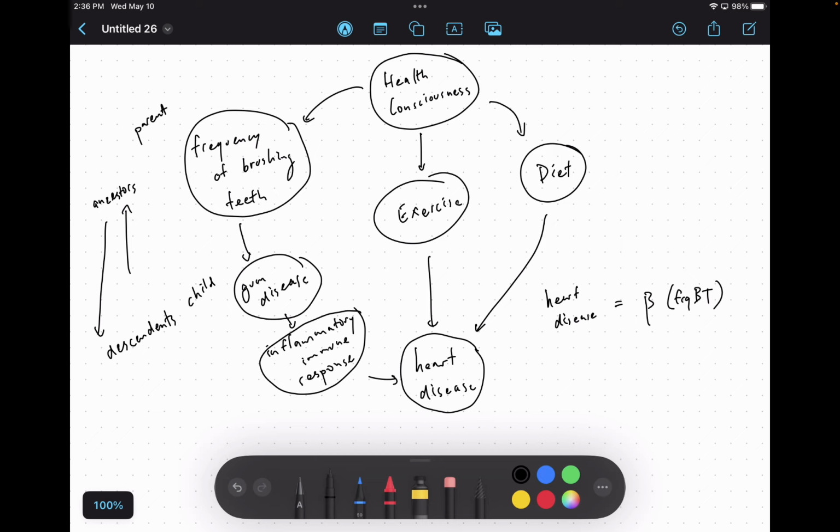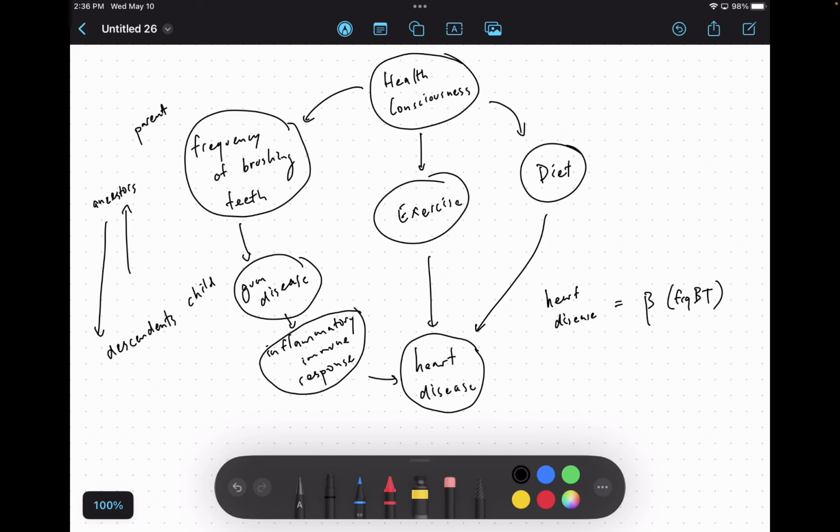If I were to use this simple model, there may be something correlated between frequency of brushing your teeth and exercise and diet, as it relates to overall health consciousness, that would lead you to mischaracterize the relationship with heart disease.